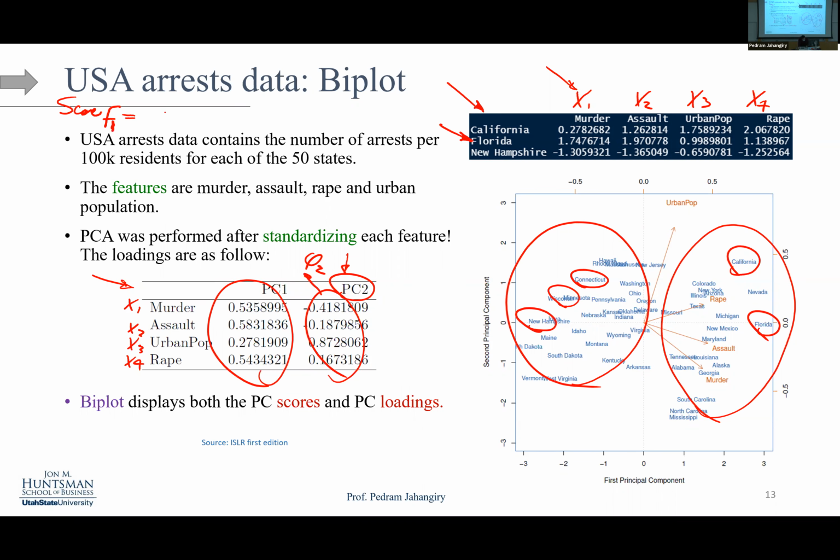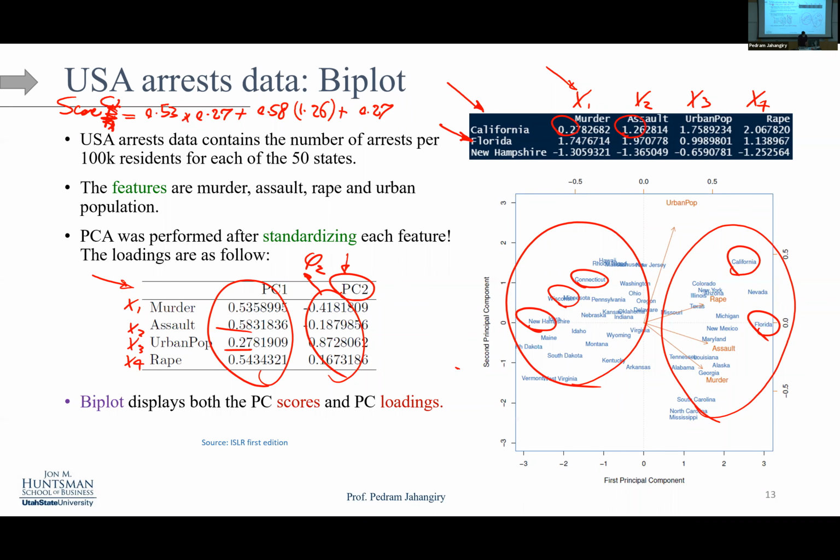These are the loadings: 0.53, multiplied by the value for murder, 0.27. Plus 0.58 multiplied by assault, 1.26. Oh, sorry, these numbers are for California. Thank you so much. These are for California.